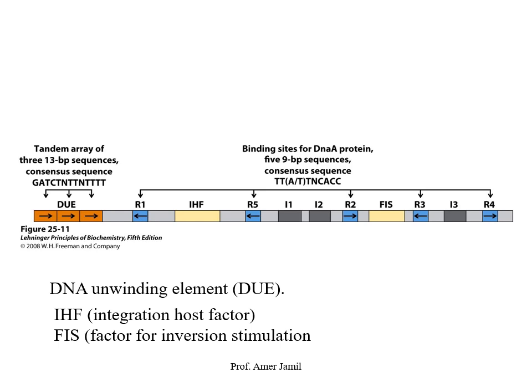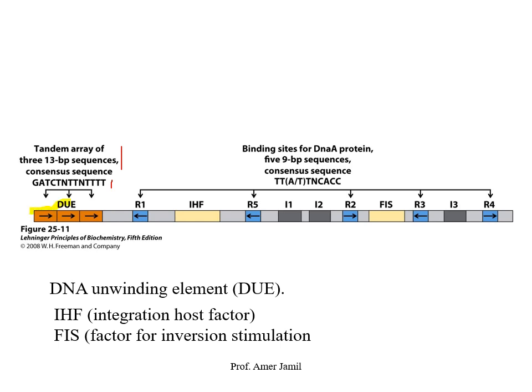As you can see, there are 3 13 base pair sequences which are present, and this is the consensus sequence, and these are DNA unwinding elements. So these 3 are present here in this place.